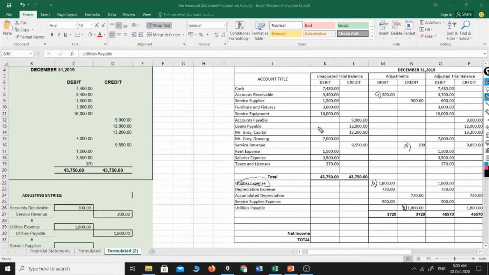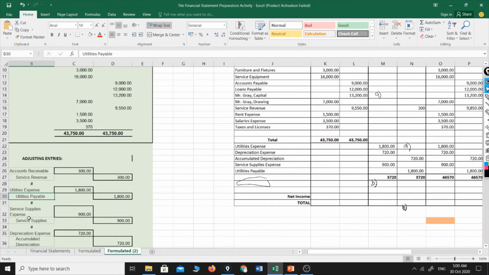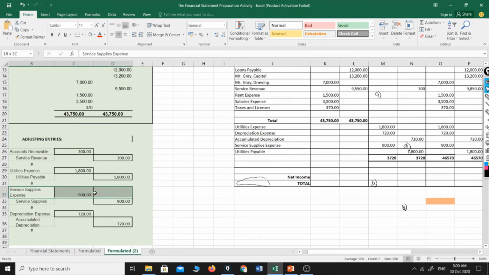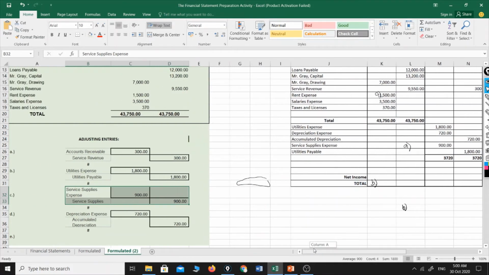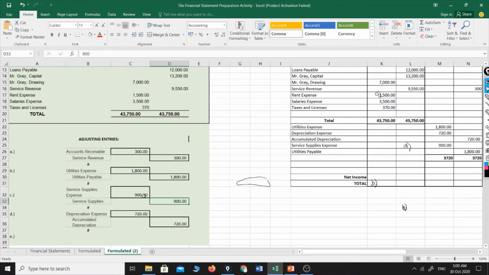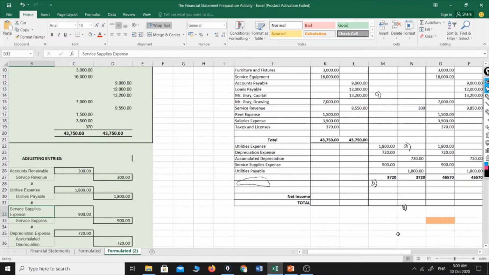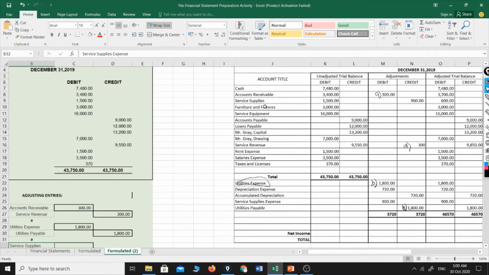Okay. So the third adjusting entry, or the letter C, is about service supplies expense and service supplies. So I will just copy the amount and see to it what particular account title is affected. Okay. So for service supplies expense, there's no service supplies expense yet, but we have service supplies. So this is an asset account.